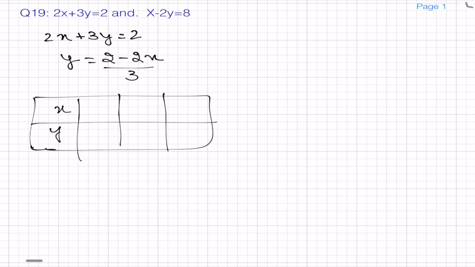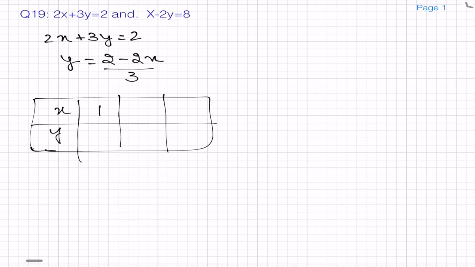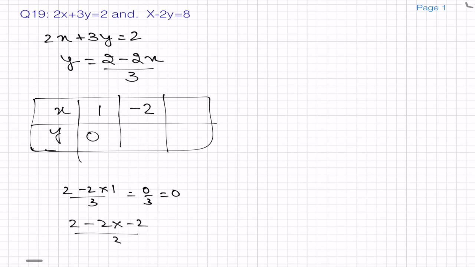If I take x as 1, then 2 minus 2 into 1 upon 3, that is 0 upon 3, means 0. If I take x is minus 2, it becomes 2 plus 4 upon 3, that is 6 upon 3, that is 2. Similarly, if I take x as 4, y will be minus 2.